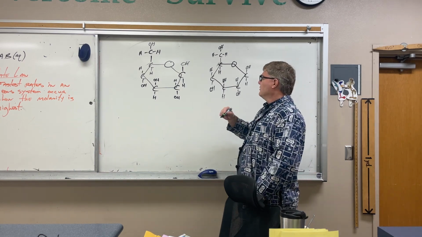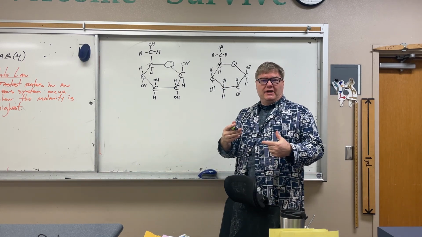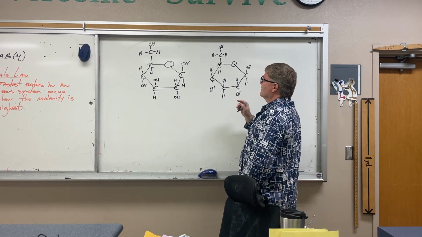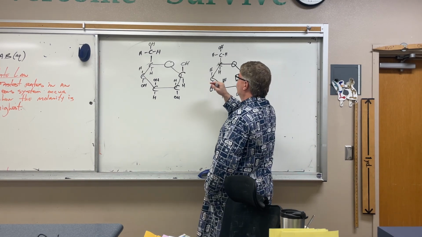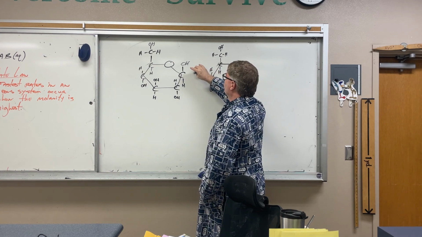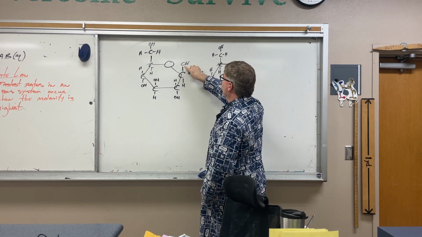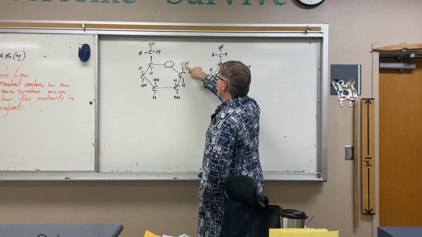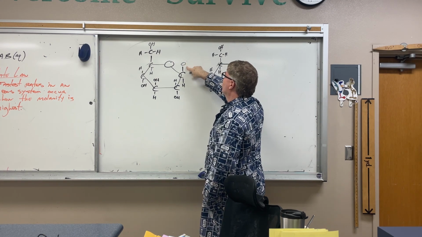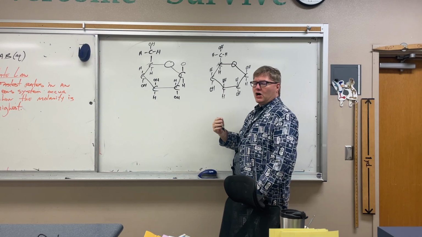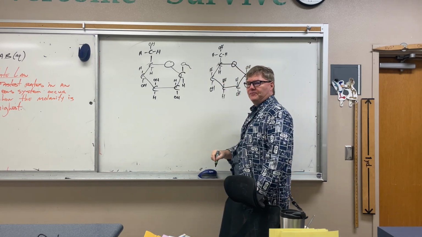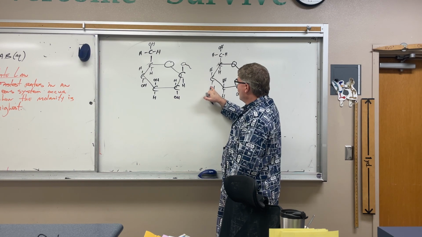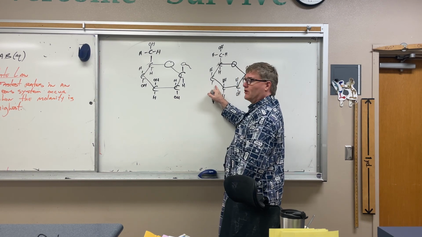All right, so here's how a plant would initially build the starch. It would make the glucose from photosynthesis, and then what it's going to do is come here. We're going to go to this carbon, and we're going to clip off just the H. So all you have is an O there with a dangling bond, and then the machinery of the cell clips off that entire OH group.